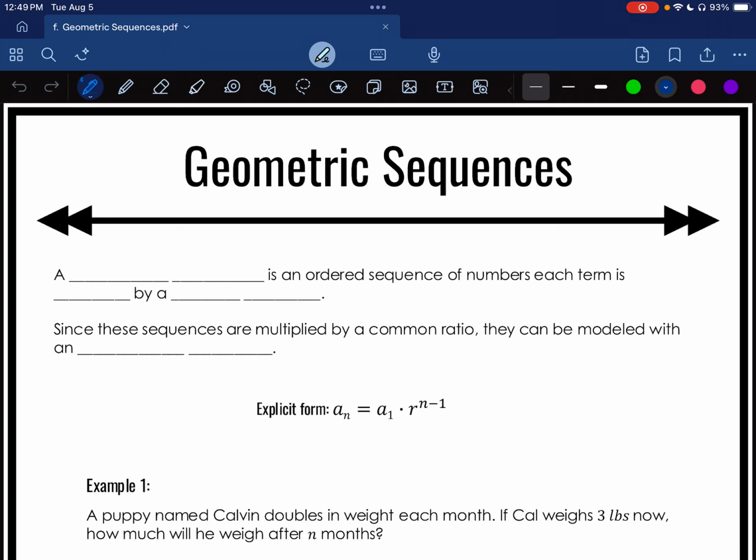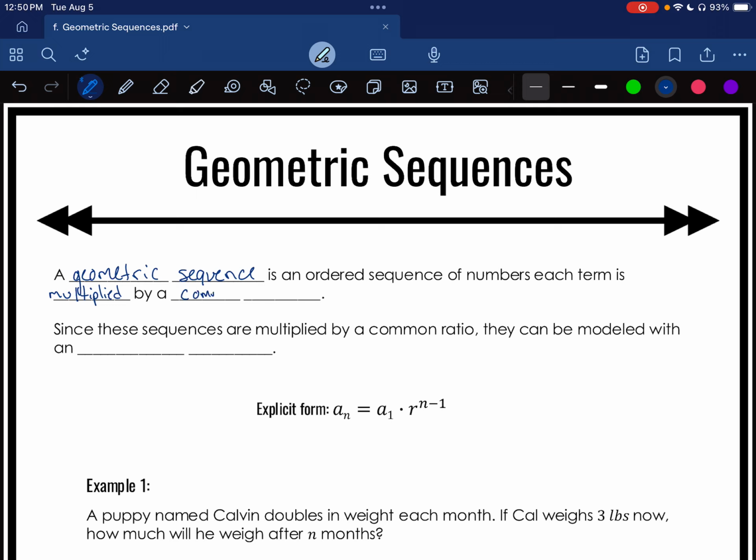So, a geometric sequence is an ordered sequence of numbers where each term is multiplied by a common ratio.